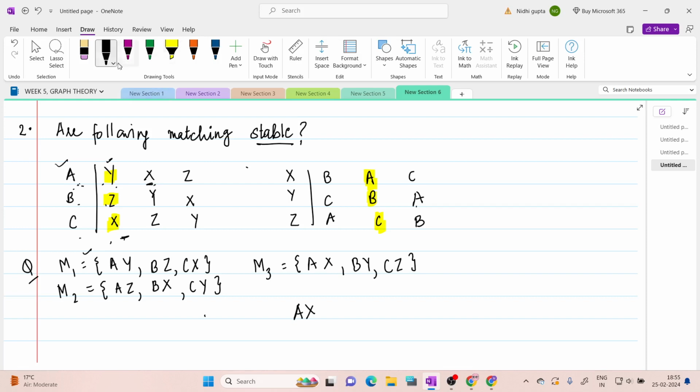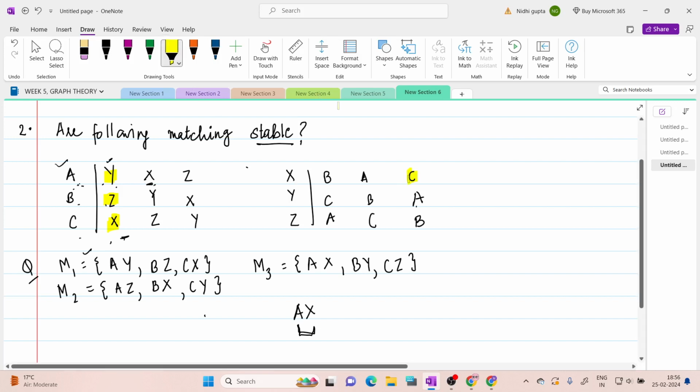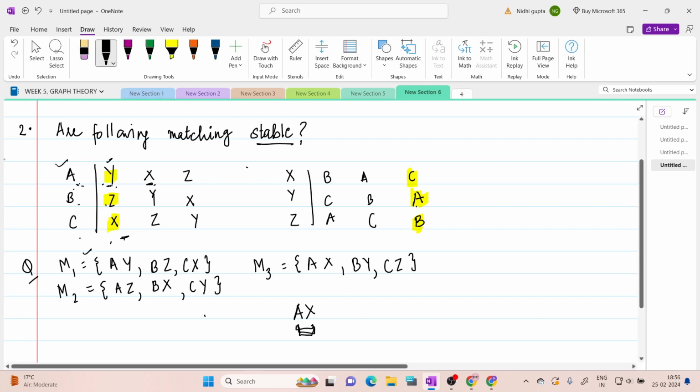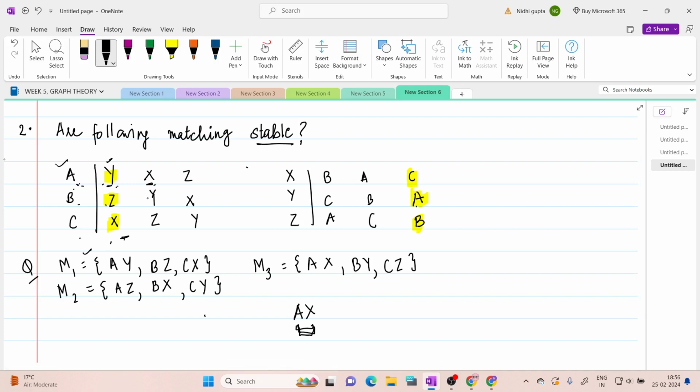X might be happy, but X is happy with B. What I am saying is, to say that AX is a blocking pair, X is assigned C, Z is assigned B, and Y is assigned to A. So AX is not a blocking pair because A is getting Y, which A prefers over X. To be a blocking pair, the new setup should make both A and X happy.